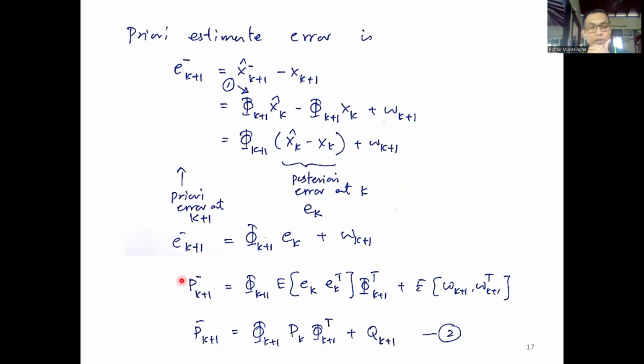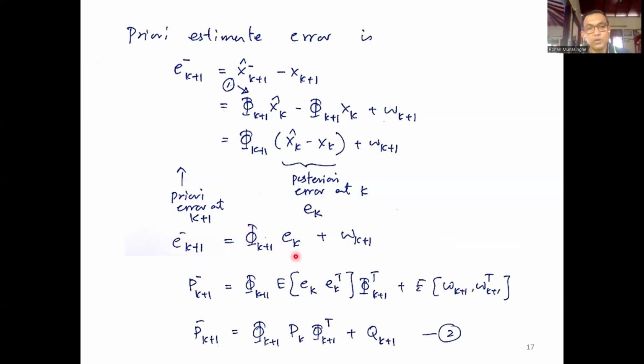Now, from error to the covariance, as we looked at earlier, you want to get the expected value of the left-hand side and the right-hand side. When you get the expected value of the error, the variance, we write it as P. P is the variance at k plus 1, and because this is predicted, the variance is also the predicted variance.